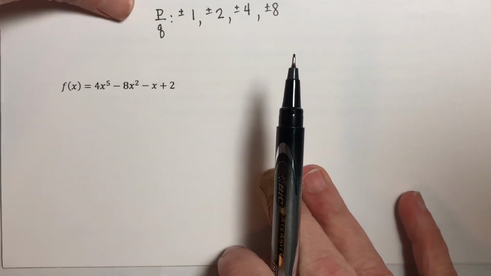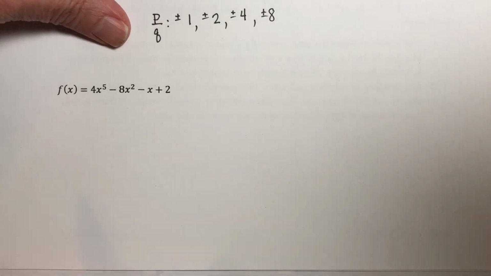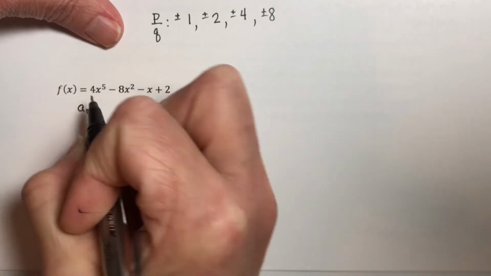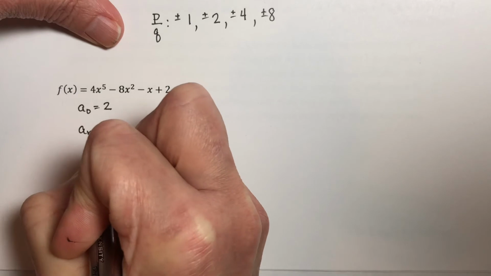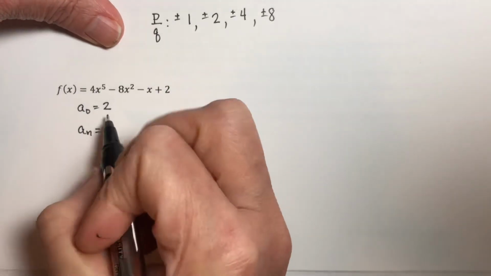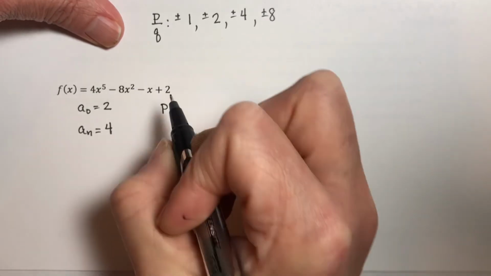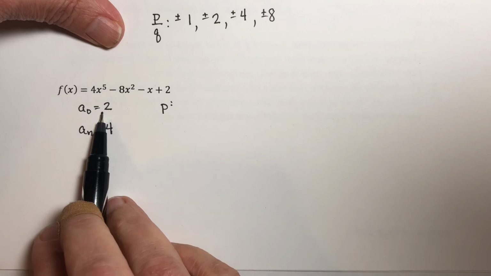Okay, so let's work this one as well. Again, I want to list all of my potential answers, we're not worried about finding it. Okay, my a naught is 2, and my a sub n, or my leading coefficient, is 4. My p values are everything that divide evenly into a naught, our last number.